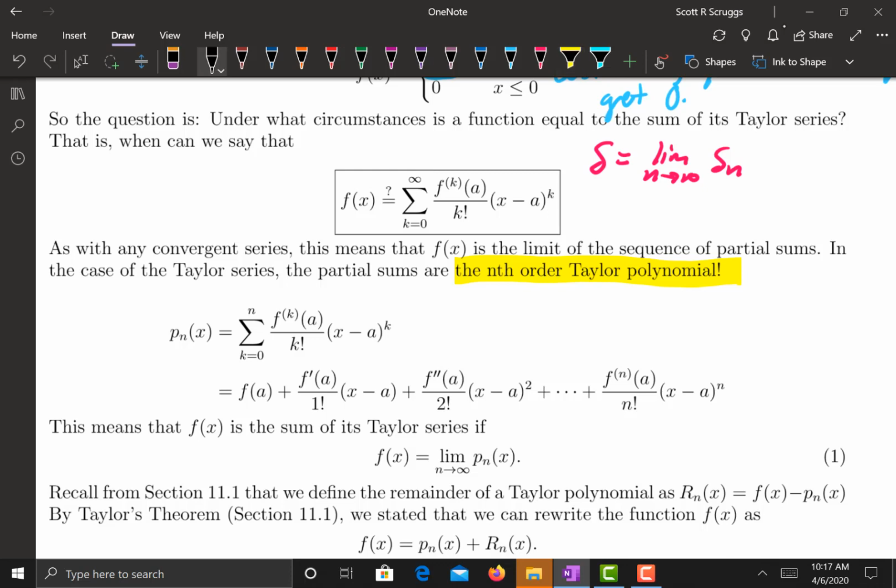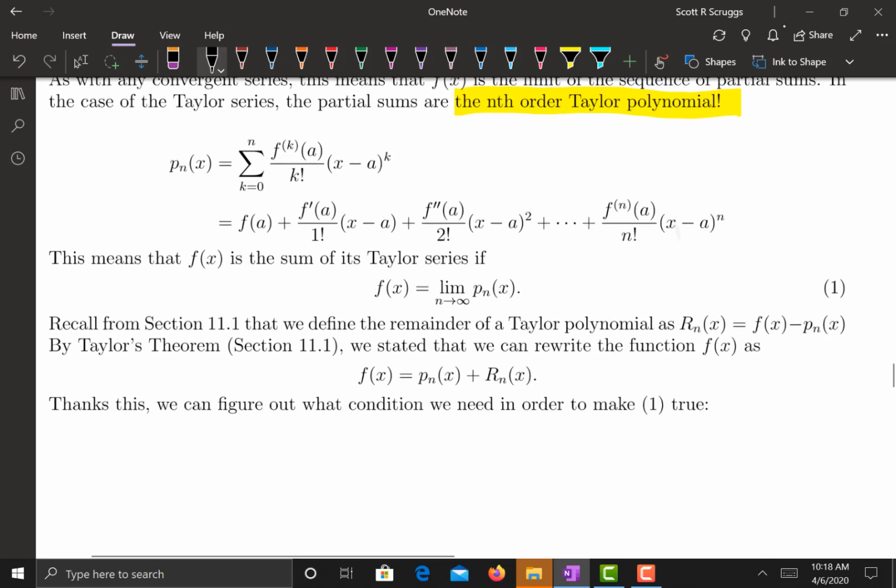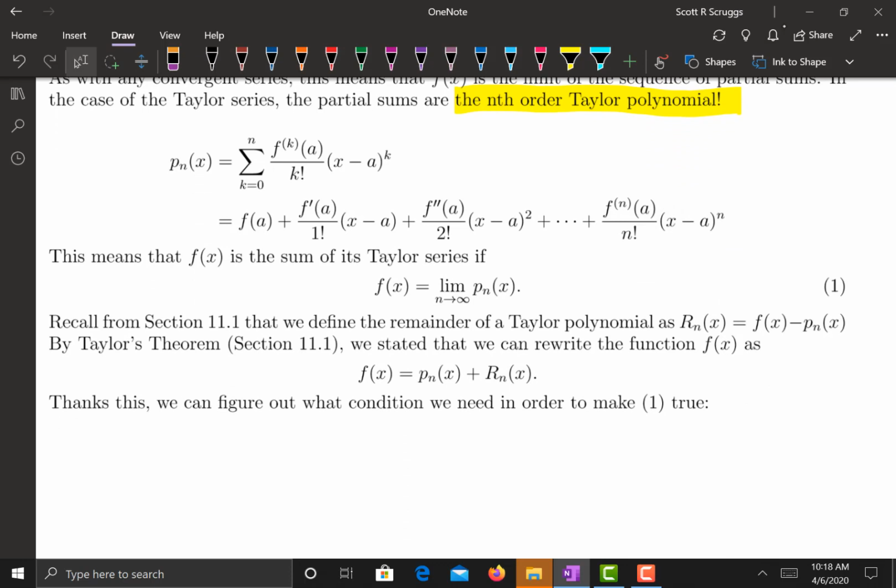And so what that means is, if I want to say that f of x is the sum of its Taylor series, I must have that f of x must equal the limit of its Taylor polynomials as n goes to infinity.